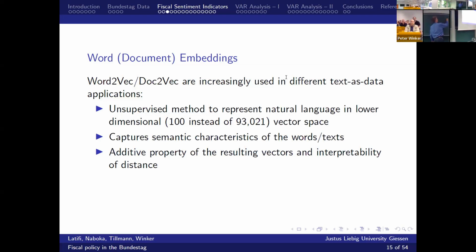One vector might be the queen, and another might be a woman. Then you take the queen and subtract the woman, and you would end up at the king. I think that's the story, more or less. That's what they mean by additive.